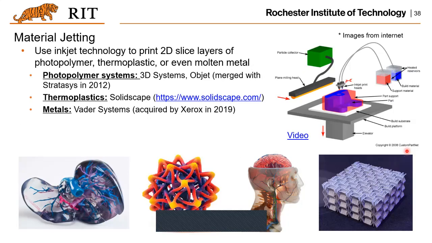Material jetting is similar to the inkjet technology in 2D printing, right, for our printer. And it can produce very good colorful appearance of the product. There are new developments like the Vader system, which we have. I mean, we have a machine in the Brinkmann lab, and it is also a type of jetting printer.